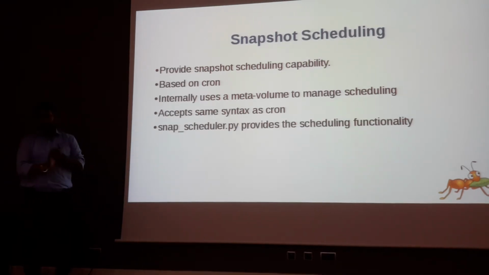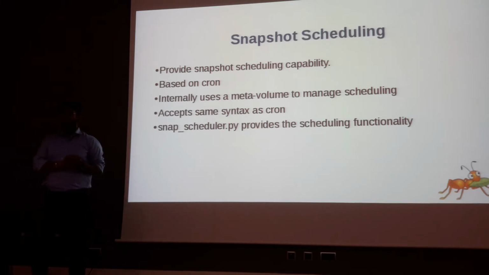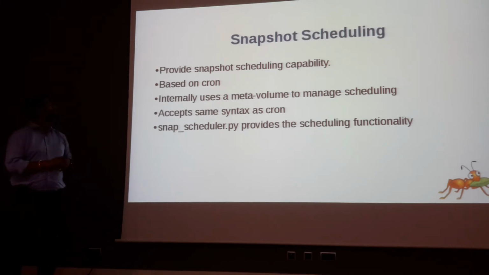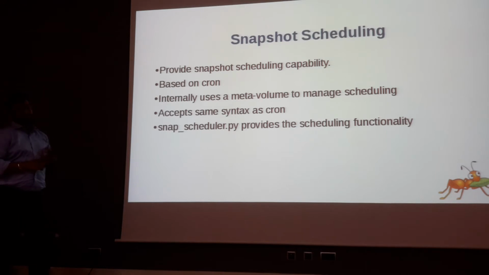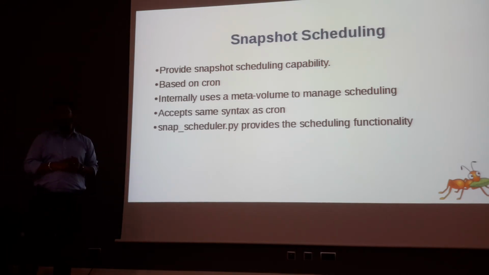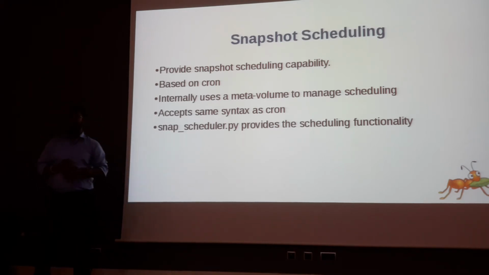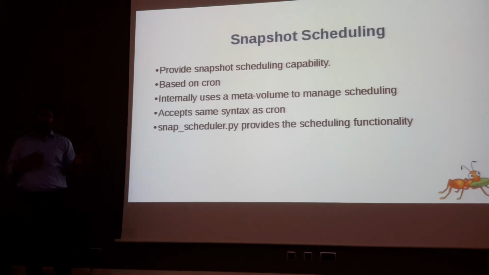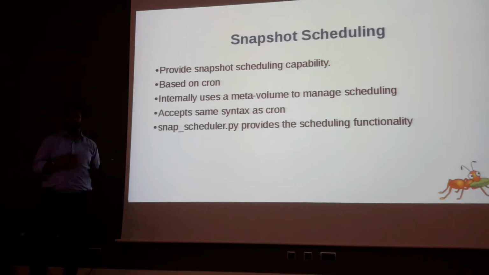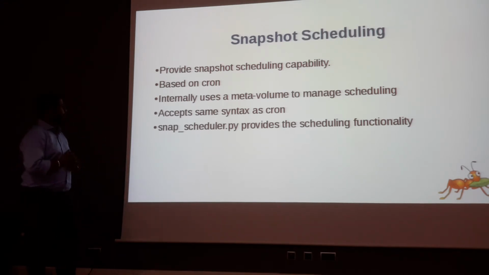Also, we have introduced scheduling, which is normally internally implemented based on cron. So cron normally runs on a single system. So we have made a distributed cron where multiple nodes, whichever nodes are participating, will coordinate with each other and take snapshots based on the schedules provided by the user.